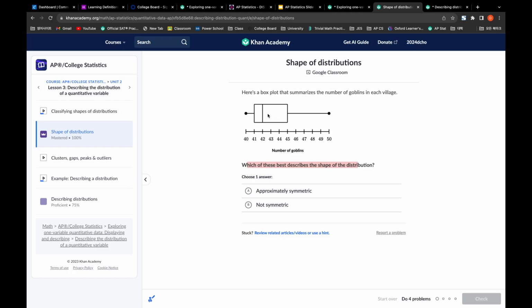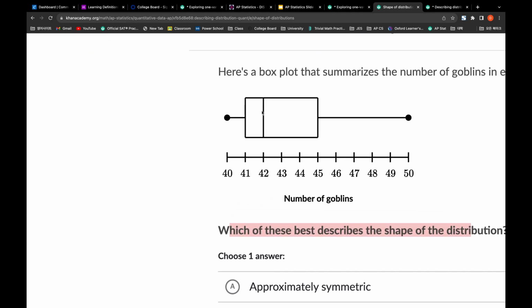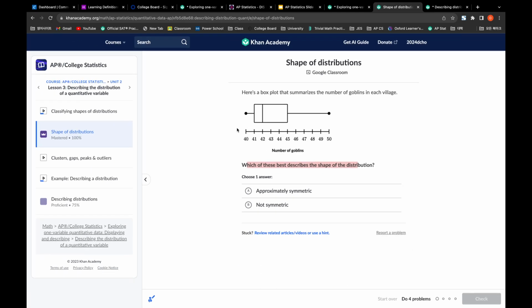we can make an assumption that here we have 50% of the data, and here we also have 50% of the data. But if we have 50% of the data on both left and right side, which one would be more crowded, more dense, or which one contains more values within the smaller range?